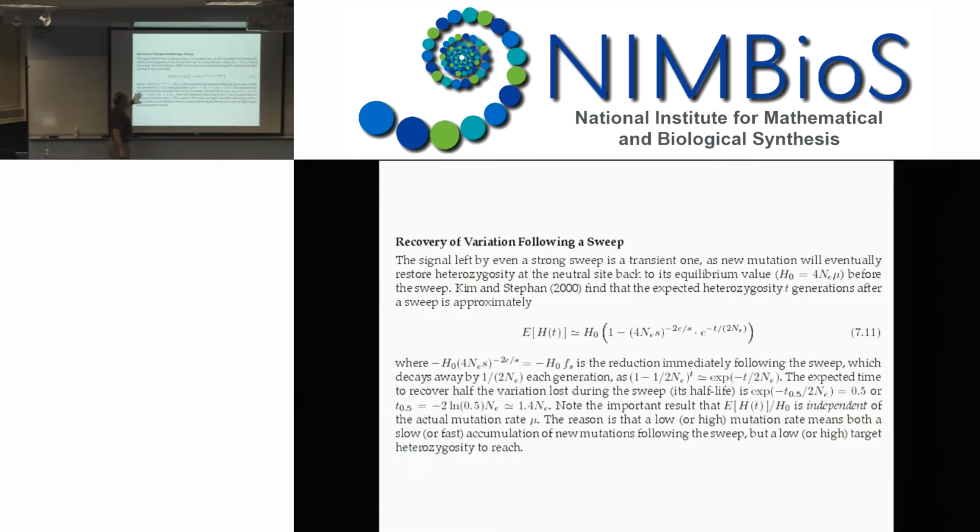So the key feature here, though, is that the sweep, in terms of loss of polymorphism, has a fleeting signal. And that signal is on the order of the effective population size. So just because the sweep has occurred, if you don't catch it soon enough, its signal is gone. You might obviously expect that, that's a feature of all these different tests. And the key feature is, over what time interval do these tests work?